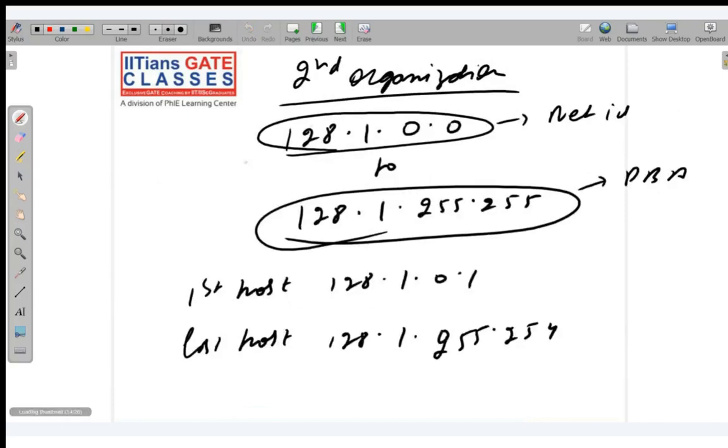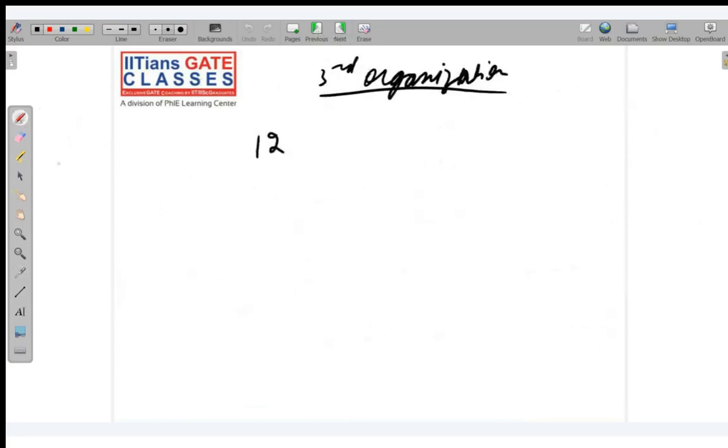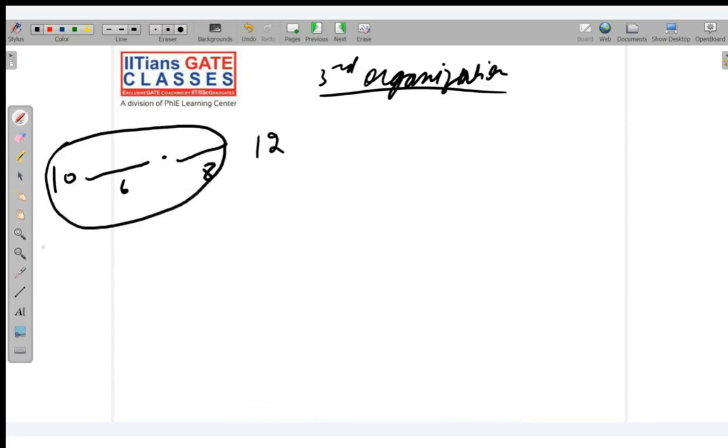128 here, so here we will get 2. That's what I'm not understanding. Why is 128 constant in this class B? So I am telling you this only. See, try to visualize. 1 0 is fixed, and here 6 bits are remaining, and here 8 bits are remaining. These two octets are for net ID for class B. So first you put 1 0, then 1 2 3 4 5 6, and then from here 1 2 3 4 5 6 7 8.